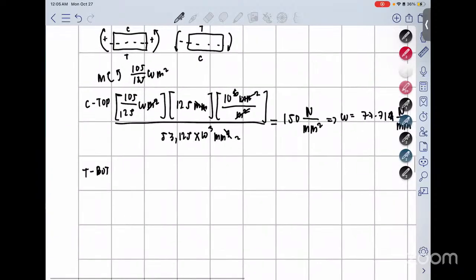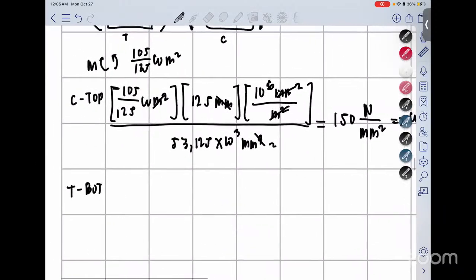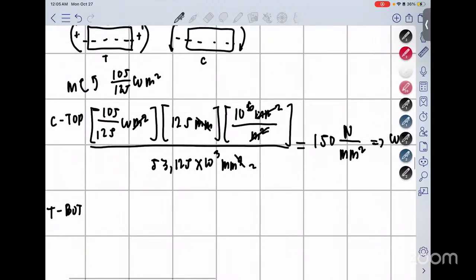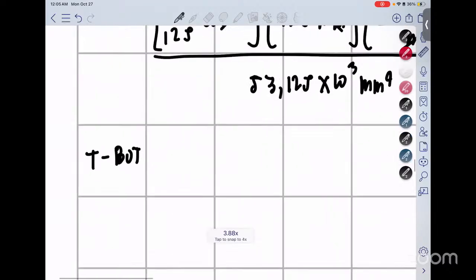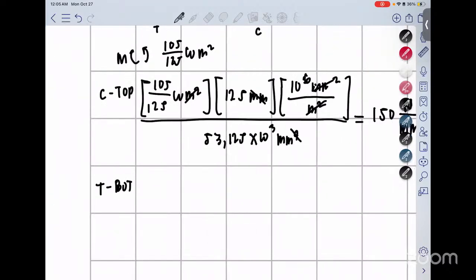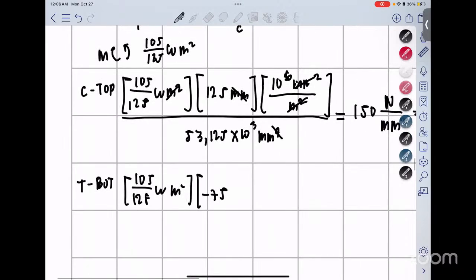Up next, you'll have tension at the bottom. So that means just plugging in the same 105 over 128 omega. That's in my meter squared, then minus 75, since we're referring to the part below the neutral axis.